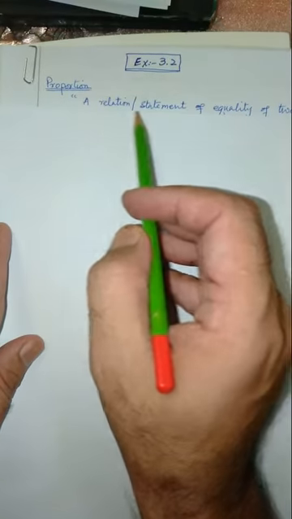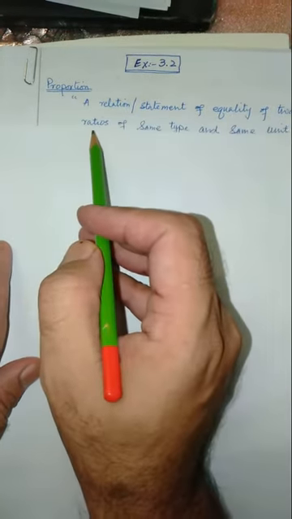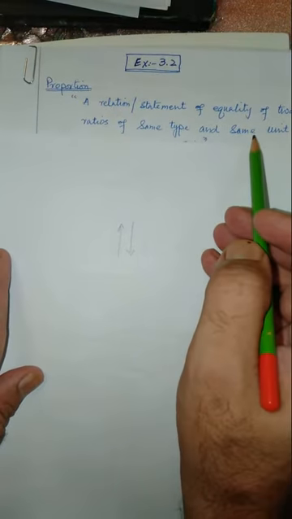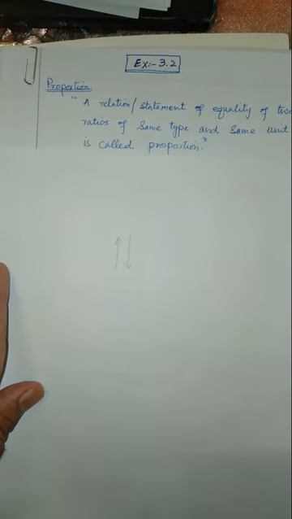Proportional: a relation or statement of equality of two ratios of the same type and same unit is called proportional. This is the definition of proportional.